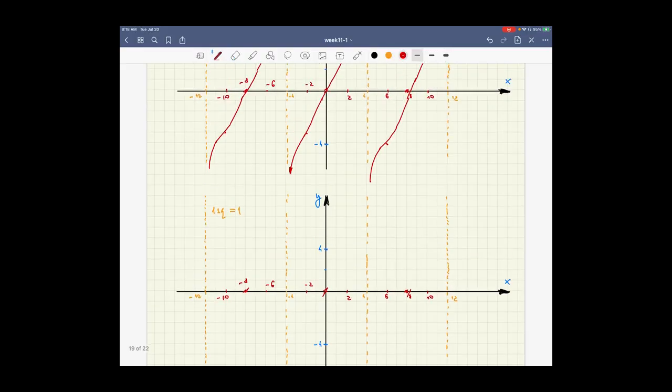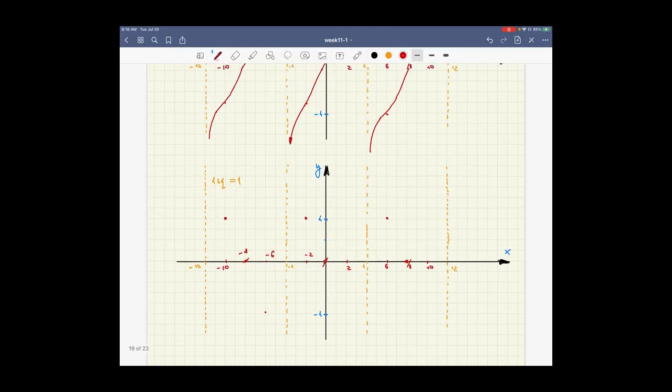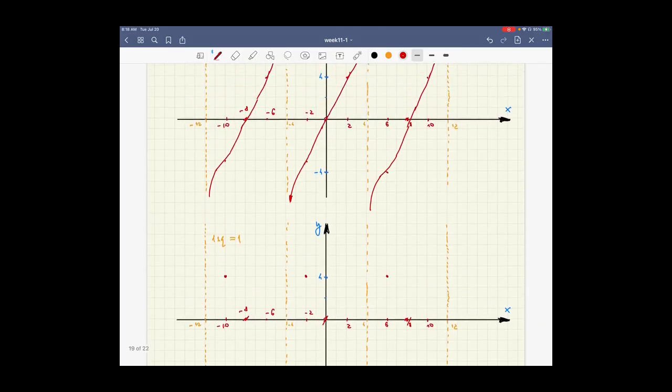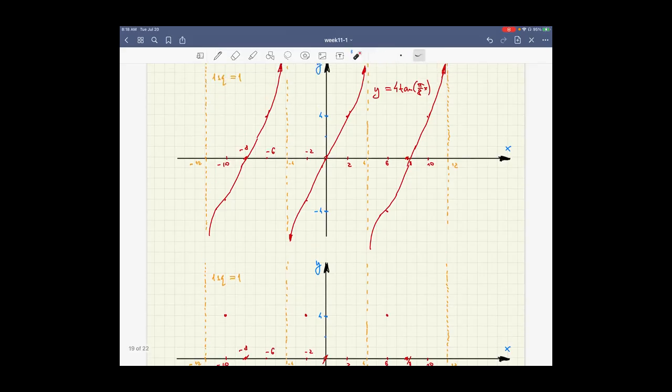So now we will have values 4 at points -10, -2, and 6, and values -1 at points -6, 2, oh, that's a mistake.